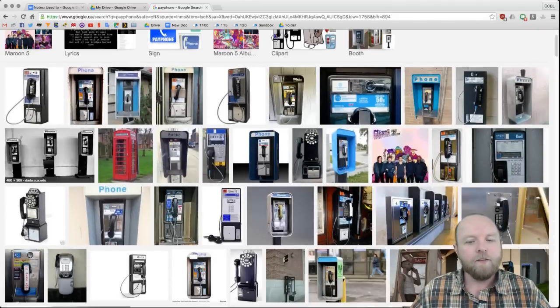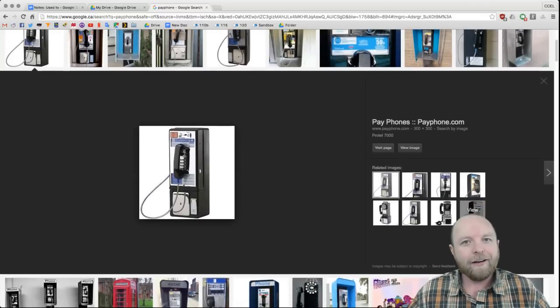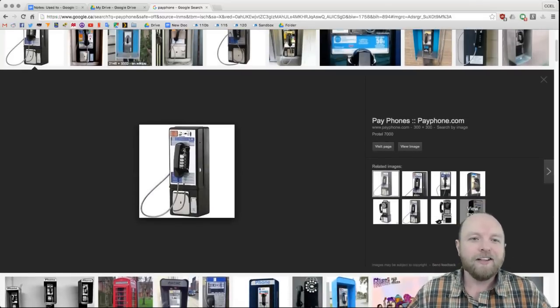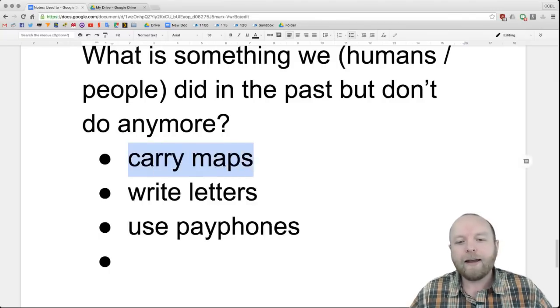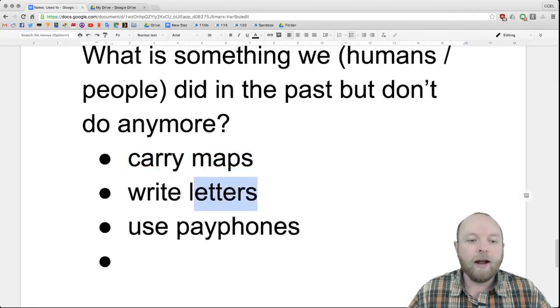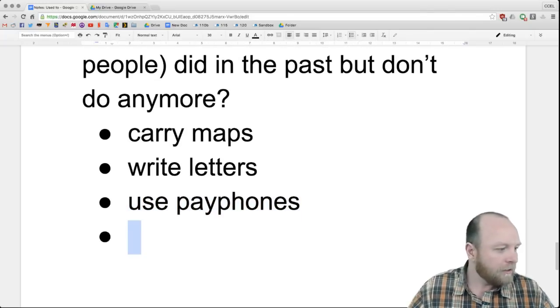Do you have a payphone in your country? Maybe Canada, only the airport. I don't know if we have these in the airport now, right? So now people don't carry maps. They don't write letters. They don't use payphones. What else?